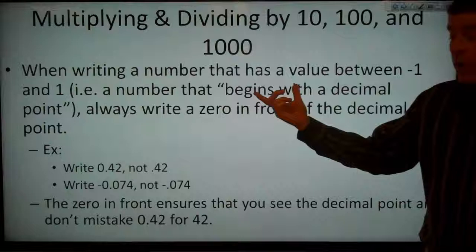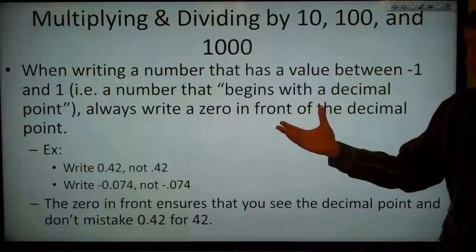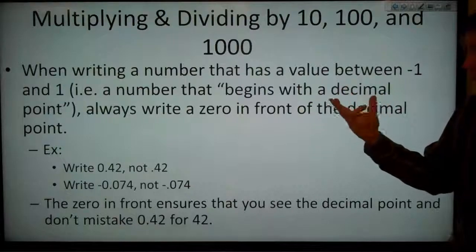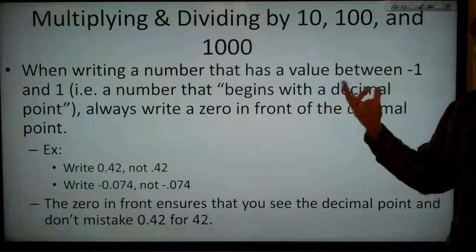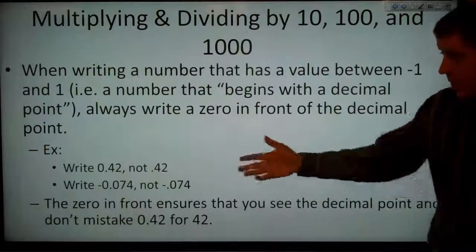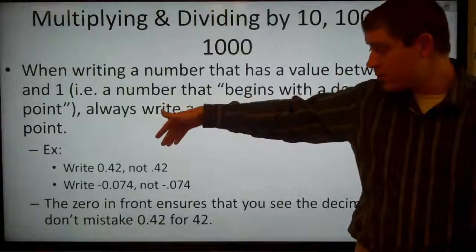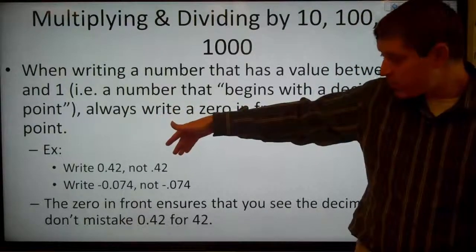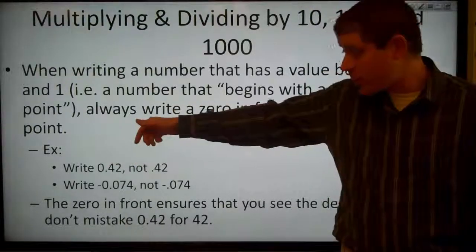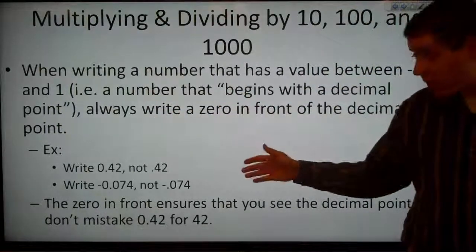When we're writing a number that has a value between -1 and 1, in other words, a number that begins with a decimal point, we always write a 0 in front of the decimal point. So you should write 0.42, not .42. You should write -0.074, not -.074.